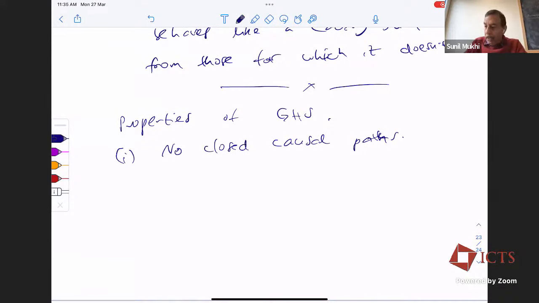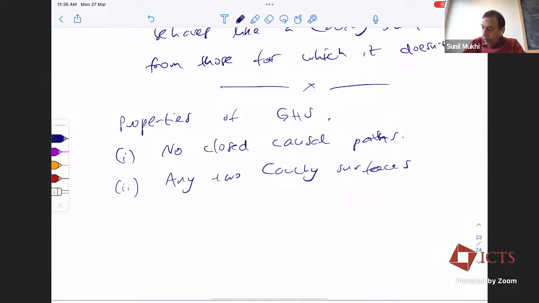Okay. Now another one, very nice one, is that any two Cauchy surfaces can be continuously deformed to each other.